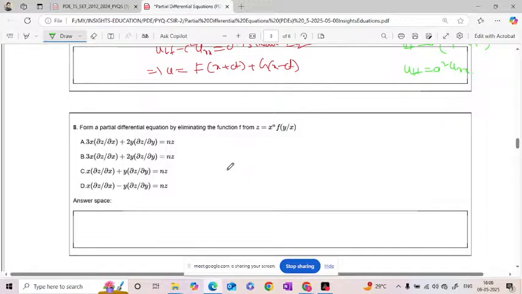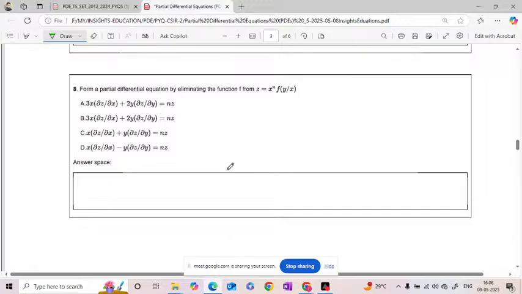Which of the following is correct? Option D.